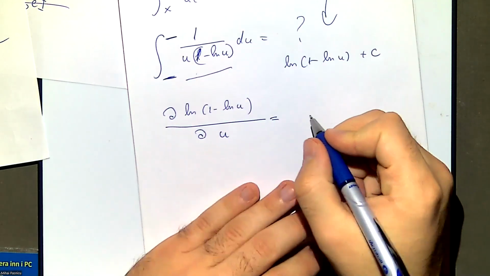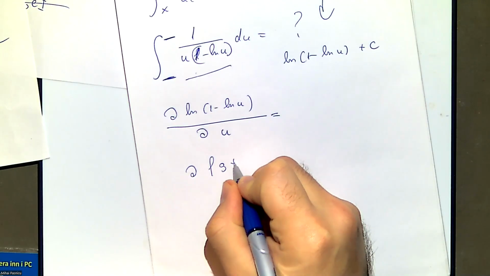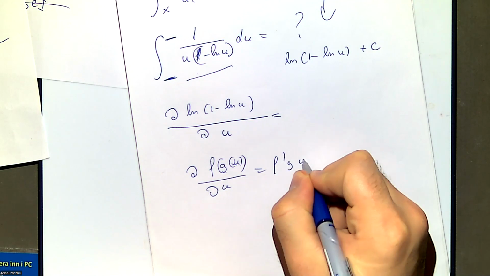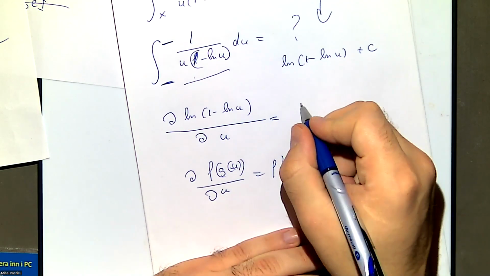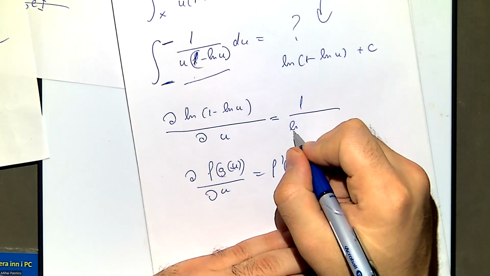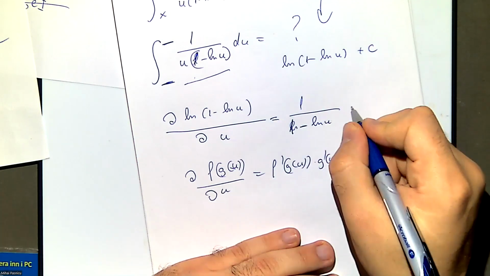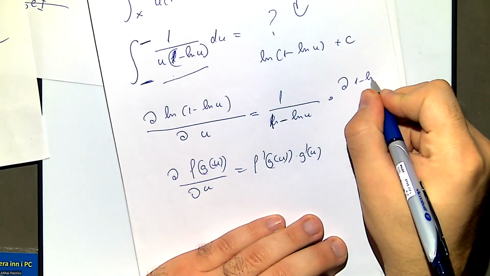This, if you take the derivative, using the formula, f of g of u, derivative of u, is just f prime of g of u times g prime of u. So this is just 1 over 1 minus ln of u times, I'll write it in steps.